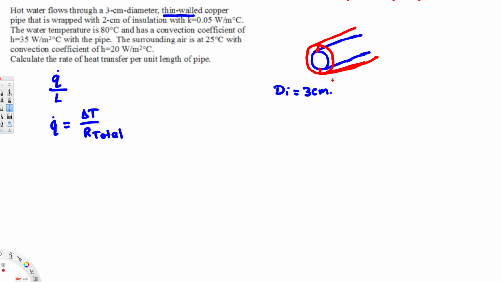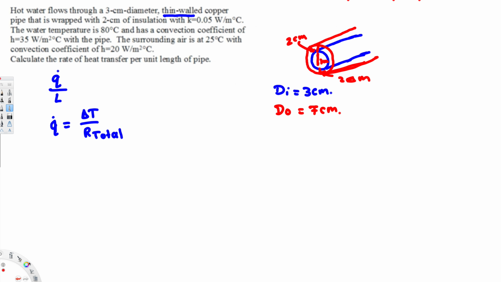So the outer diameter is going to be 7 centimeter, because each side is 2 centimeter and the inner is 3 centimeter. Now we have inner diameter and outer diameter, so we can go ahead and find the resistance.